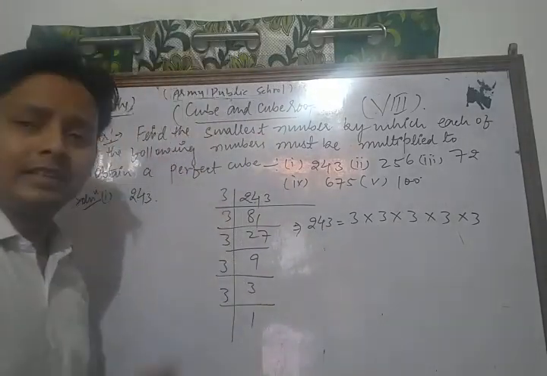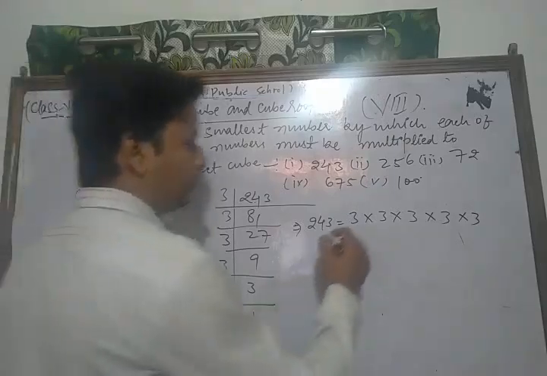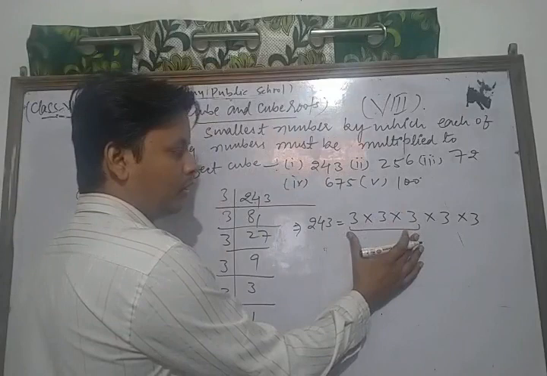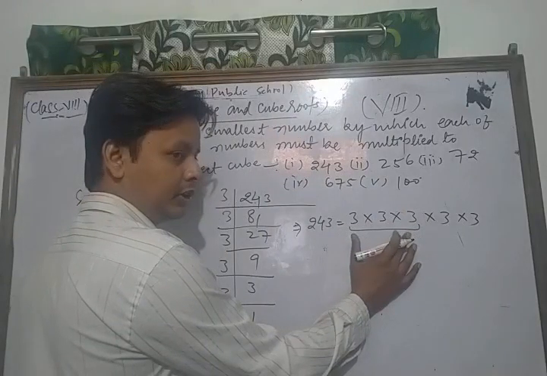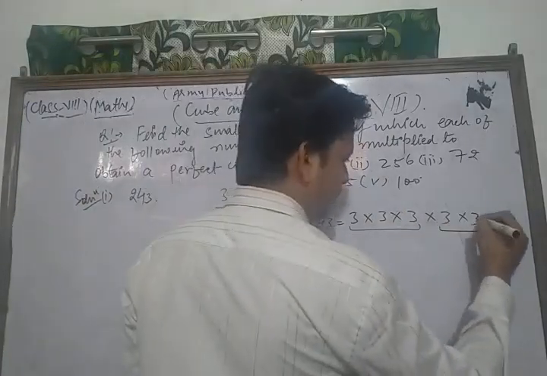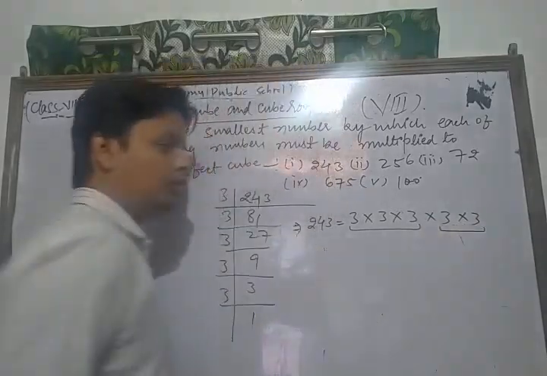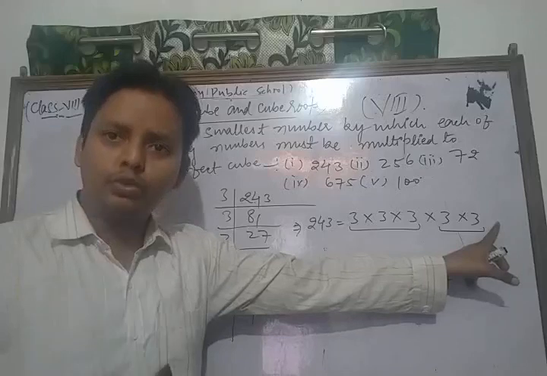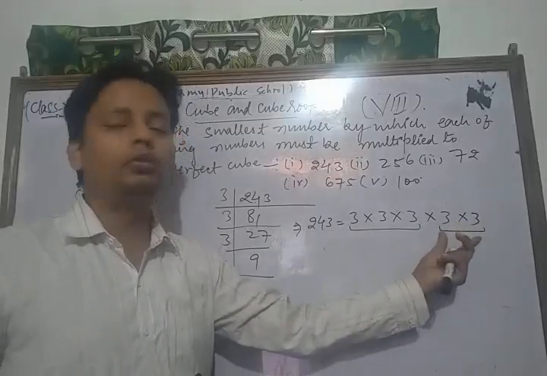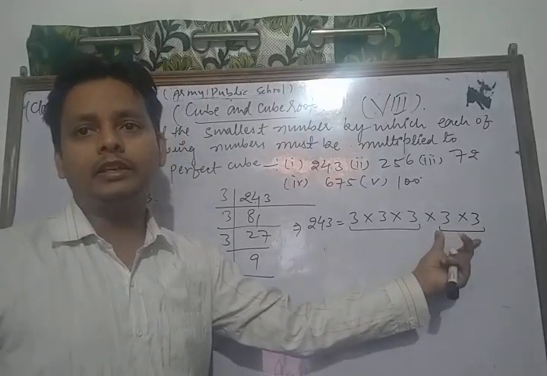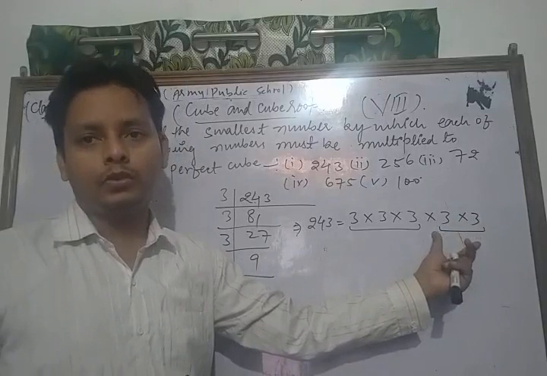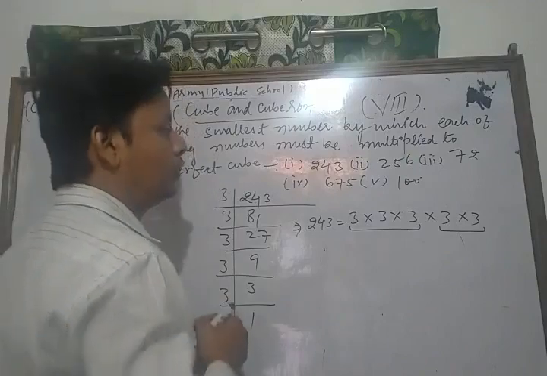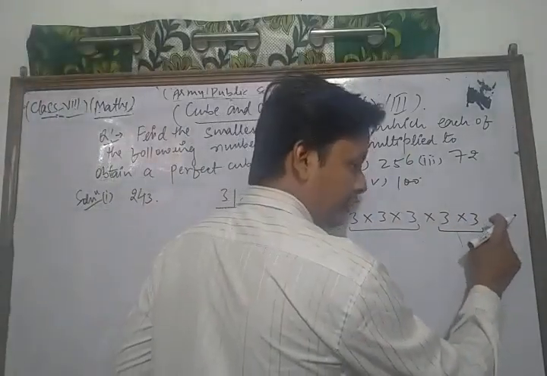Here this is one grouping of 3s in triplet form. Now 3 appears only 2 times more, so we require one more 3 for grouping all the factors in triplets of equal factors. So it must be multiplied by 3.